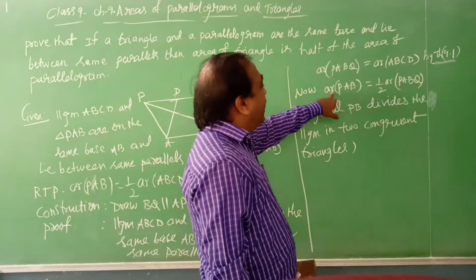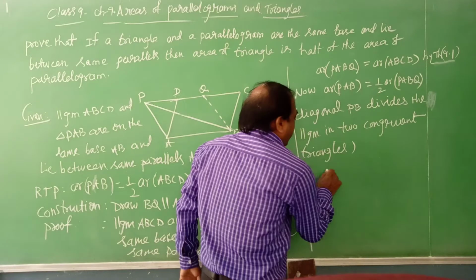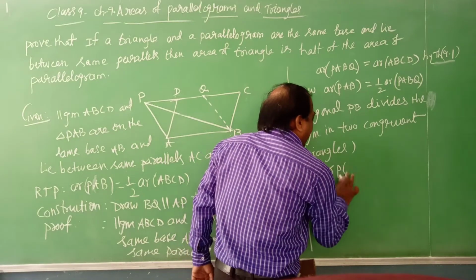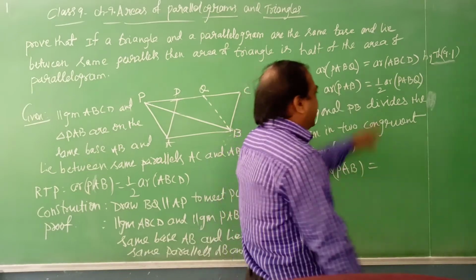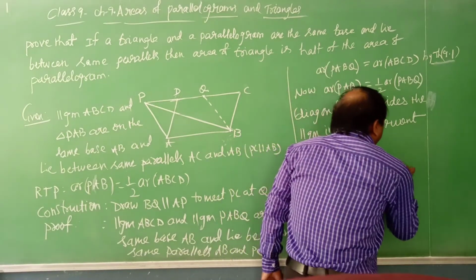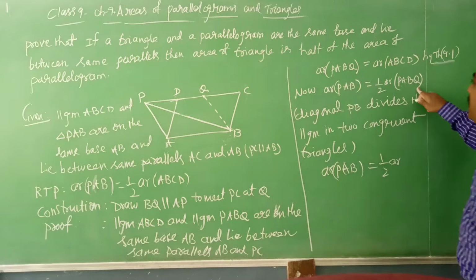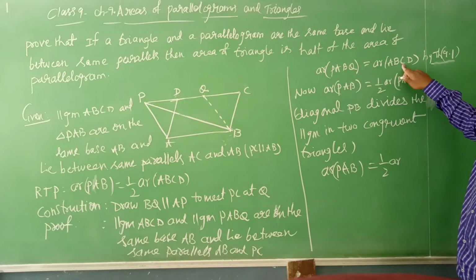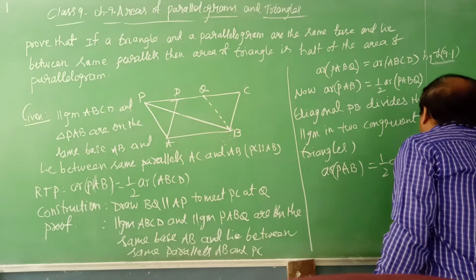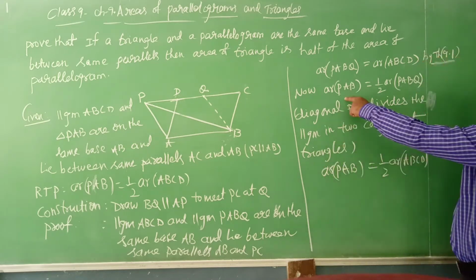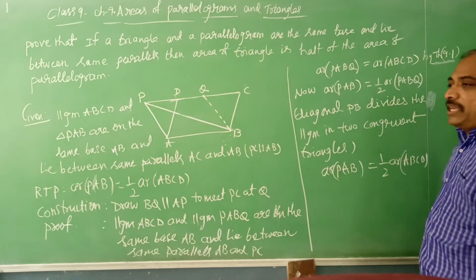But the area of PAB is half of the area of PABQ, which is equal to the area of ABCD. Why is PAB half of PABQ?